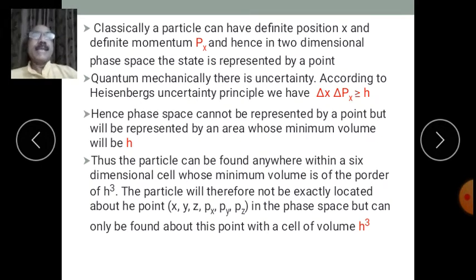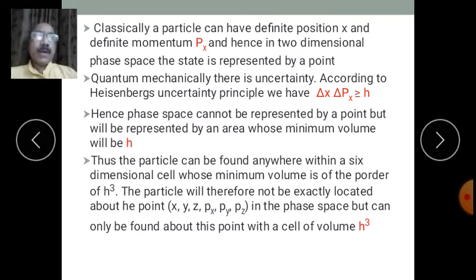So classically, a particle can have definite position x and definite momentum px, and hence in two-dimensional space the state is represented by a point. So according to classical statistics, a particle can have definite position.